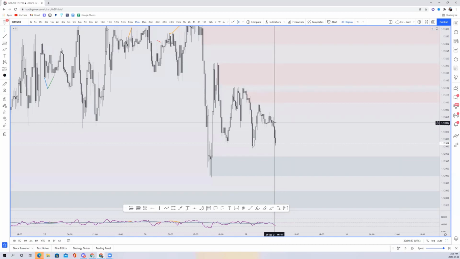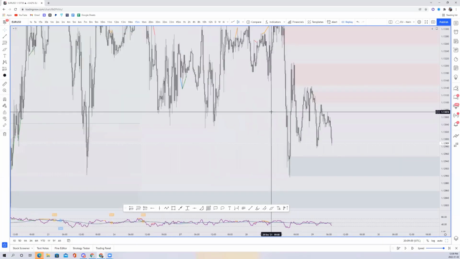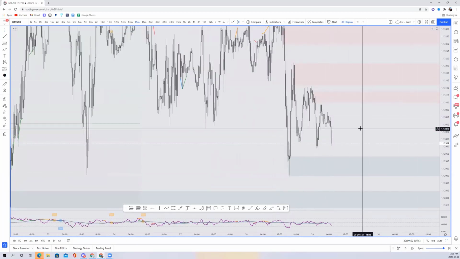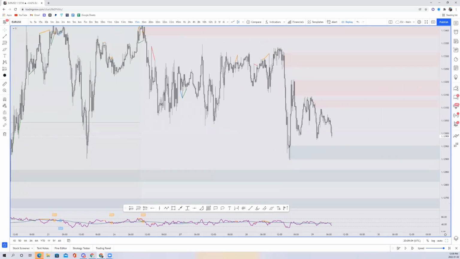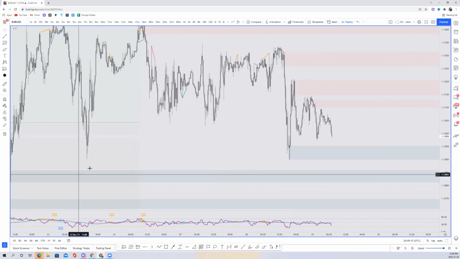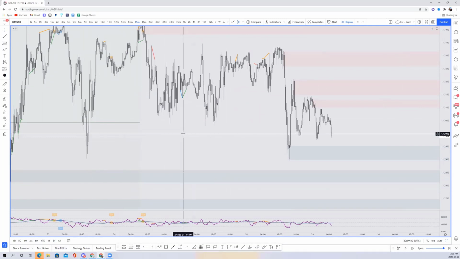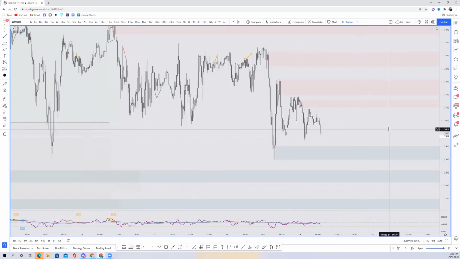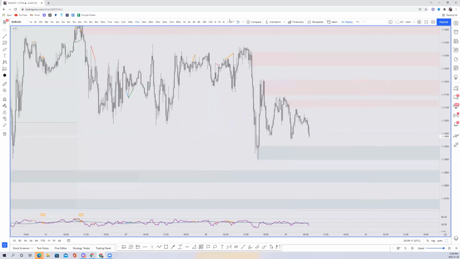So again, I don't know how you guys trade. Myself, this is all in the middle. I don't really want anything to do with any of that. If some of you guys have different trading plans and different trading rules, and you would enter that, there's nothing wrong with that. I just don't like to show that kind of stuff because if I do it, somebody new will think it's okay to do it.